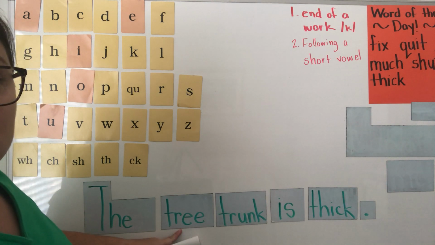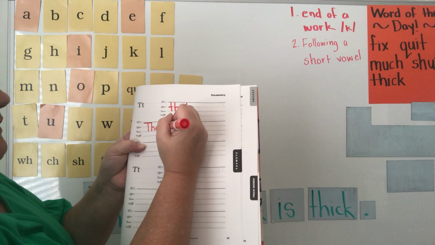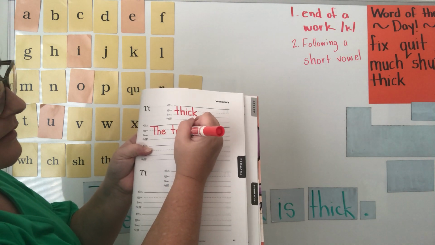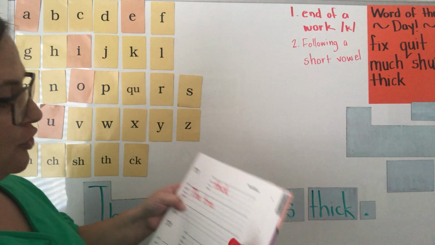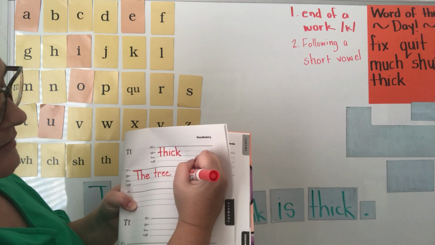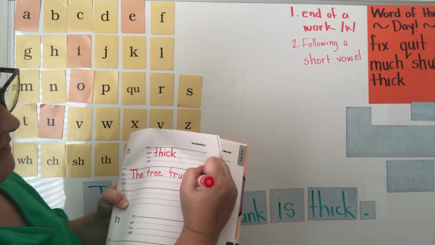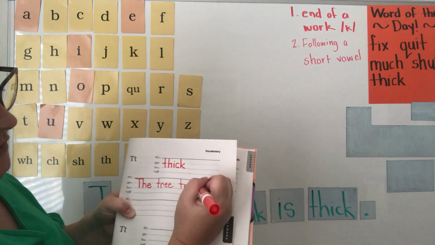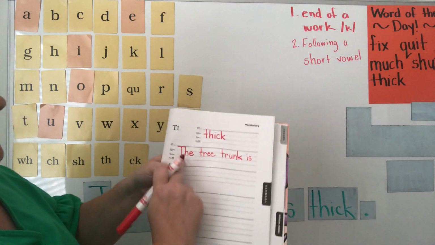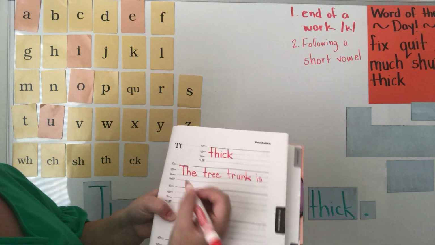My next word is tree, but I need a space. T-R-E-E. My next word is trunk. We said we were going to learn about that U-N-K sound soon. Is is a trick word, so it's one we should know. The tree trunk is, I'm out of space, so I got to go down here to write thick.